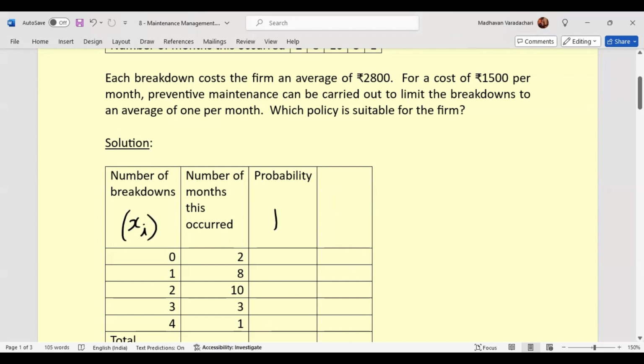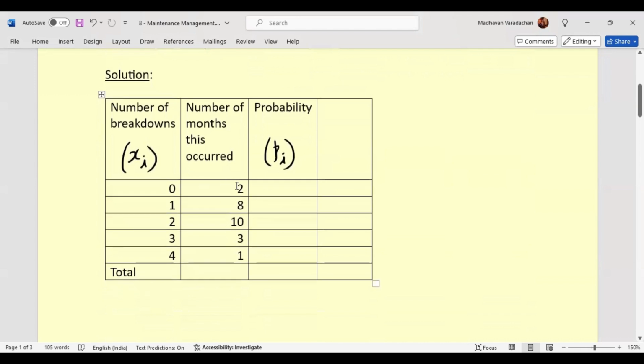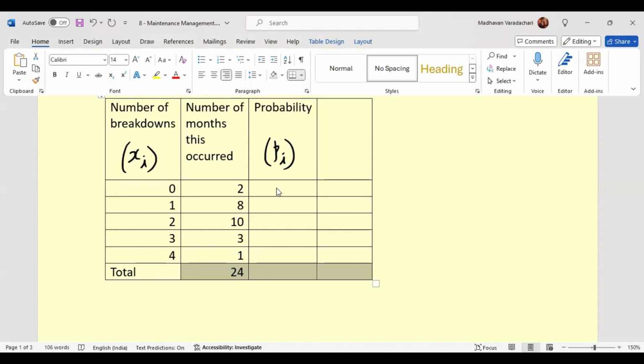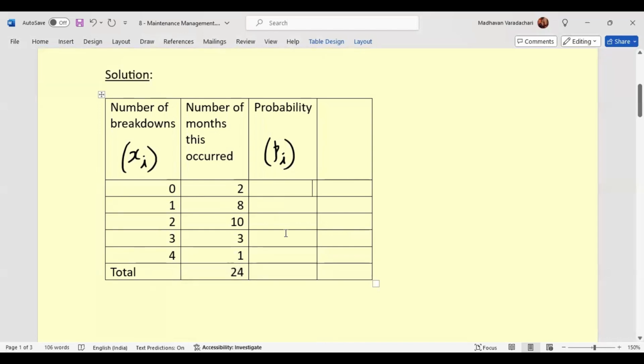And this probability we will compute by adding all these: 2 plus 8, 10, 20, 24. So this is 24. So now the first one is 2 by 24.